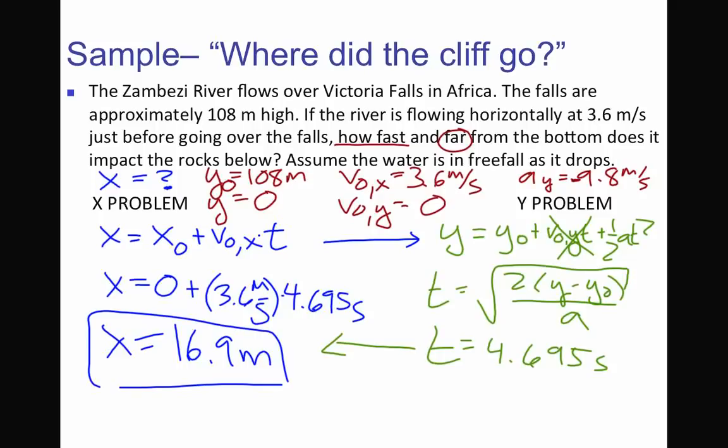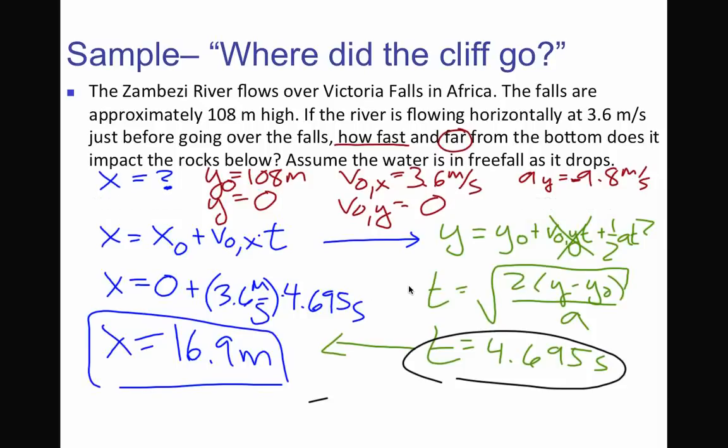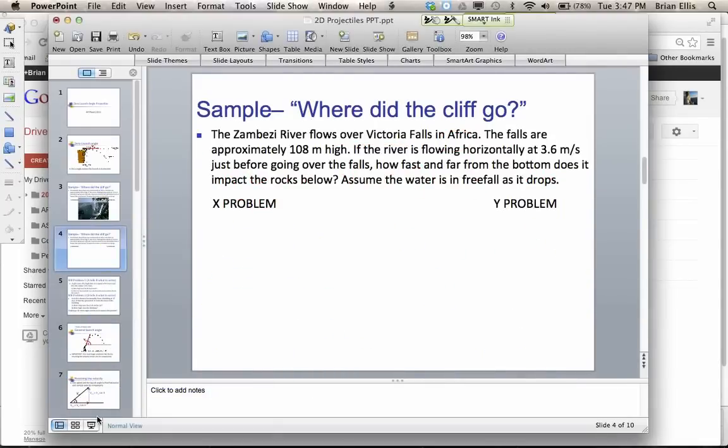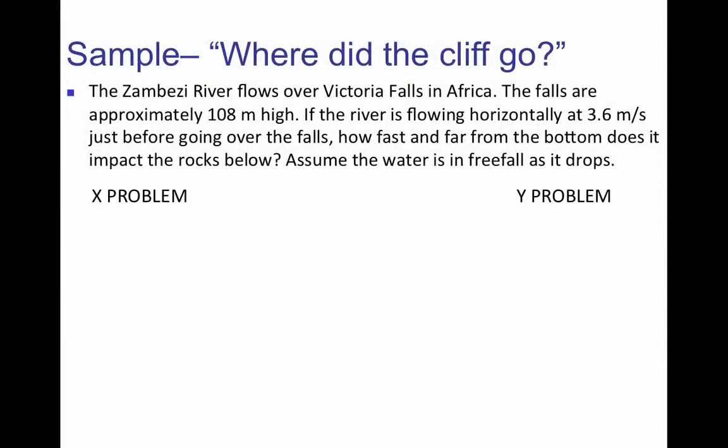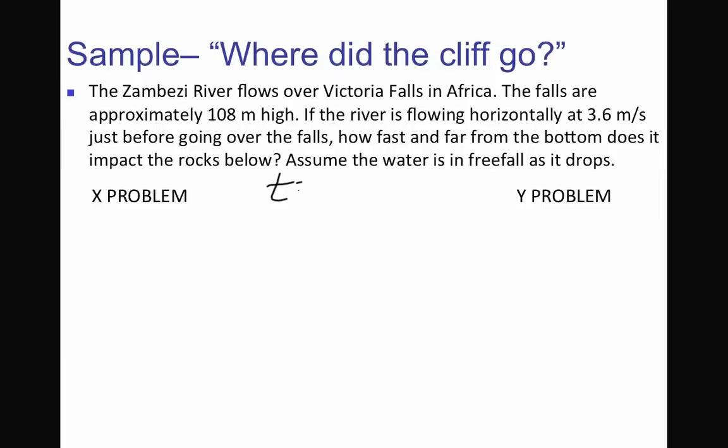Now, that's how far. How fast, that's a different question. So let's keep this 4.695 seconds in our minds as we go to the next part. All right, so we know, remember, that the time was 4.695 seconds, and now we want to find how fast.